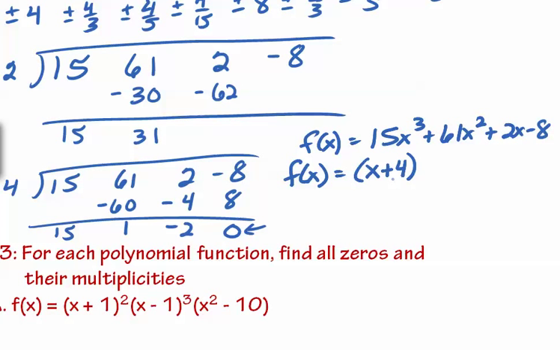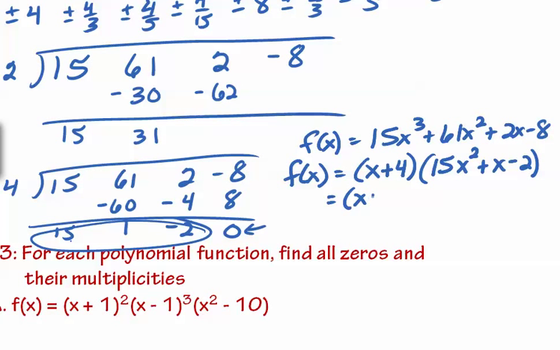Remember that negative 4 comes from setting this equal to 0. And the other factor, I look at my remainders, or my synthetic division answers: 15x² + x - 2. And if you don't immediately see the factors, then you could go to the quadratic formula. If you really like synthetic division, you could set up another synthetic division and keep trying that way.